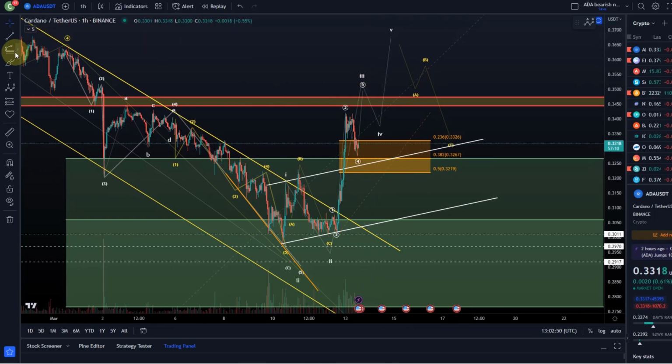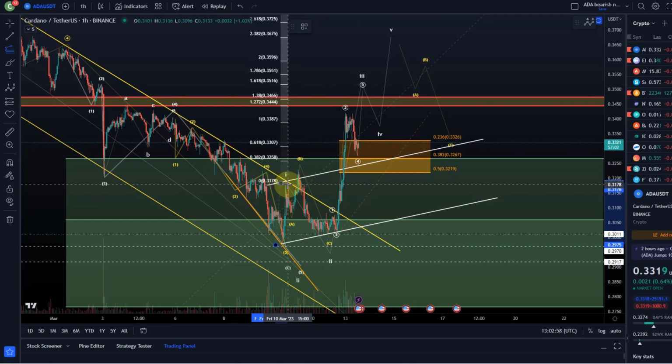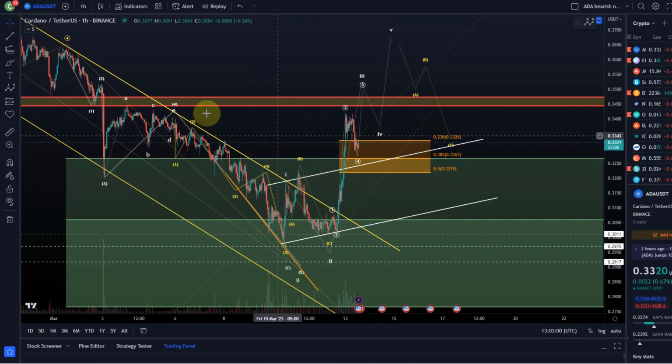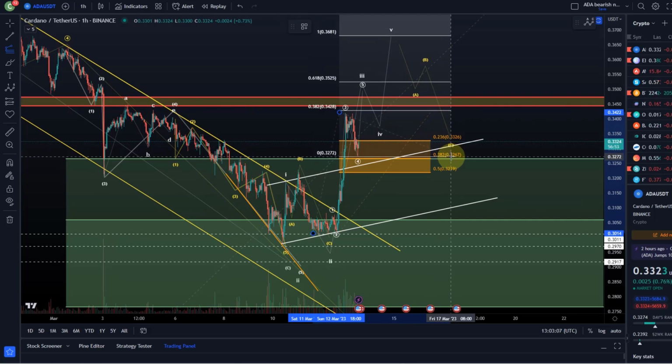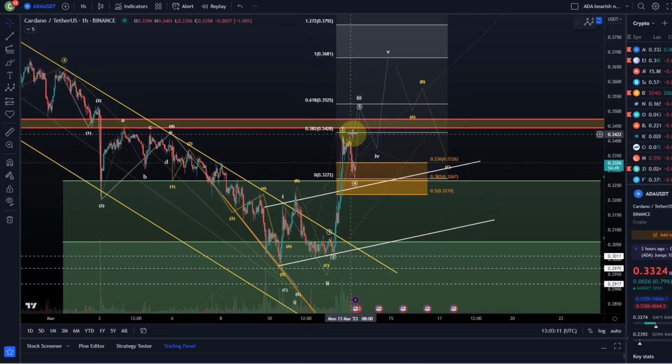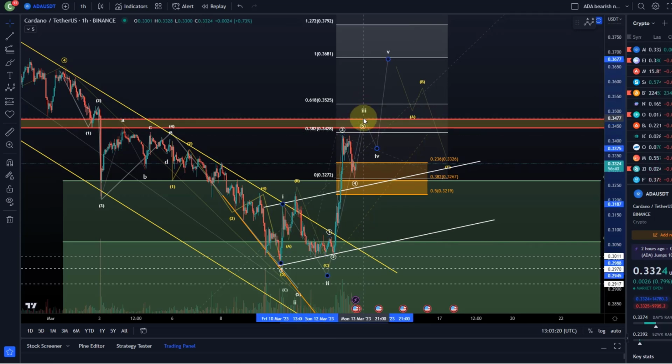Targets to the upside, what would be that 5th wave target? To get an understanding of that, we take the length of waves 1 through 3 here, circle wave 1 through 3, go to the latest low, and then we've got targets. The first one, you talk here about 34.3 cents, but that would really be the initial one, and this would really be the bare minimum for that 5th wave of the third.